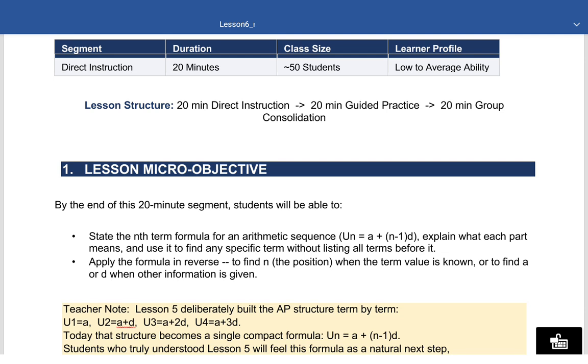So 63 plus 3 will give us 66. I want you to look at this example, pause the video and try it out. See if you can work it out the same way.